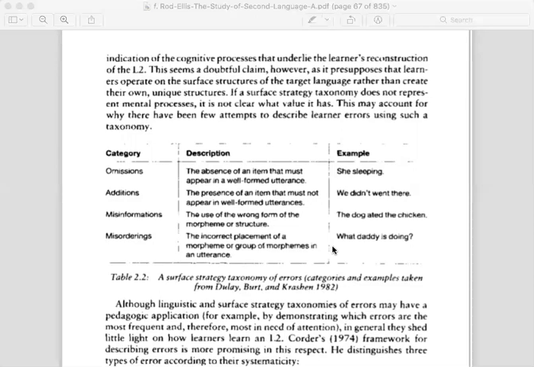There are pre-systematic errors, which happen when the learner does not know why a certain form is used. Okay. And then there are systematic errors, those which the learner cannot correct, but he knows the rules.